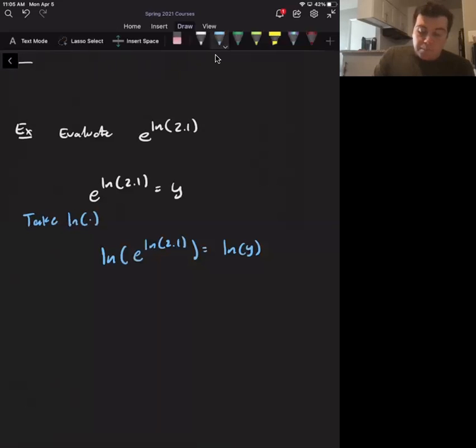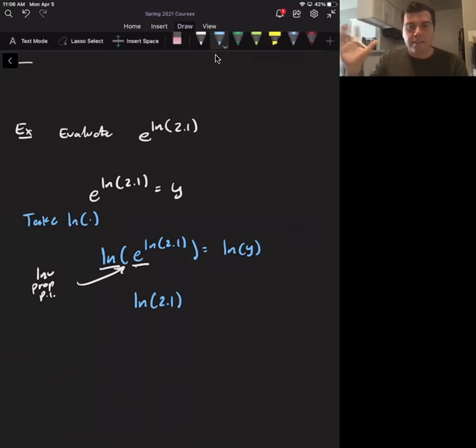Okay, but this is where things get interesting. With this, we have a log with base e, we have an exponent with base e, so we can use inverse property part 1 and reduce this down to just ln of 2.1, so that ln on the outside and the e cancel out and leave us with just that exponent of ln 2.1 equal to ln of y.